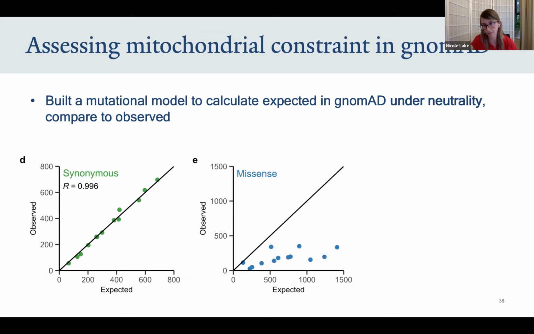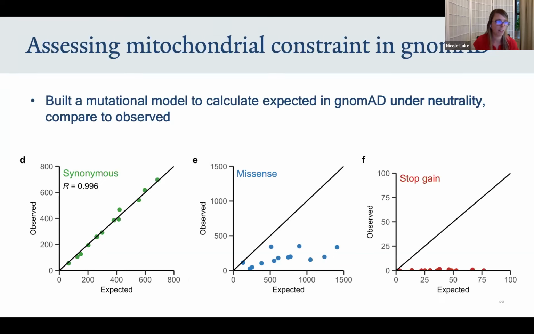In contrast, we can see missense variation is falling off the line. And in fact, what we're seeing is that there is far less observed missense variation than that expected in most genes. And this is consistent with selection removing many missense variants from the population. And in contrast for stop gain, essentially what we're seeing is a near incompatibility of loss of function variants with life in the mitochondrial genome because we observe them at such low levels compared to expectation.